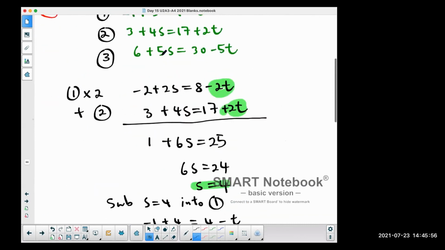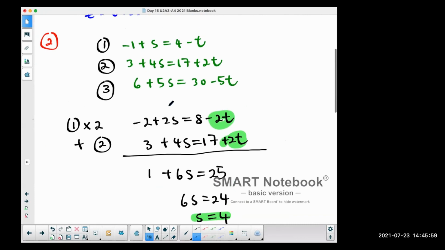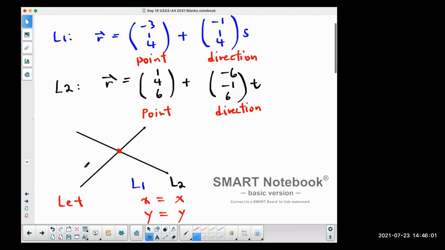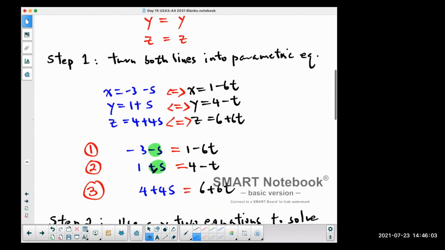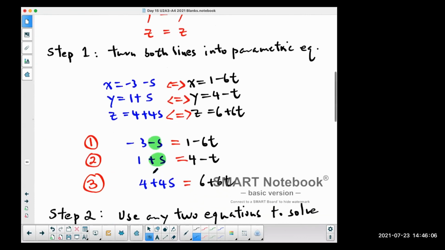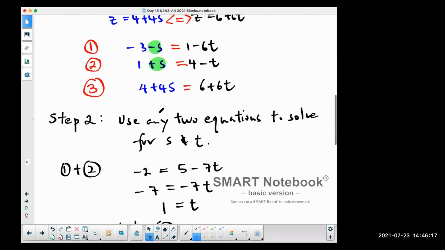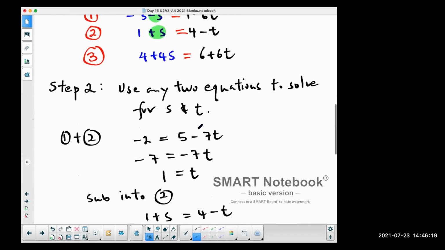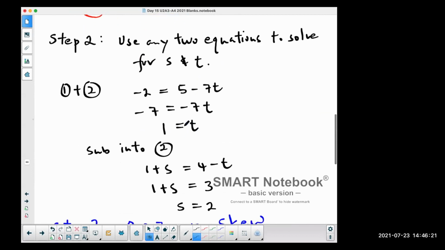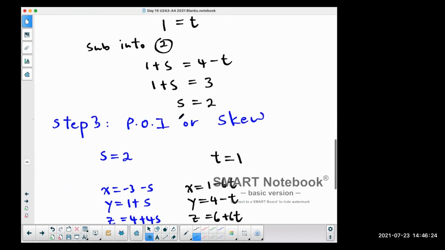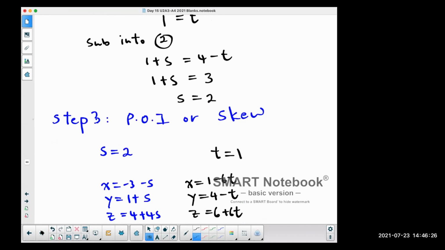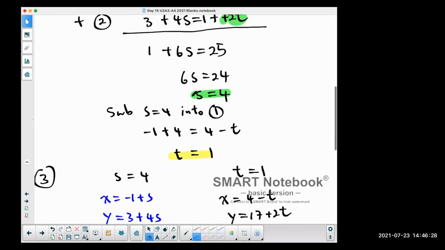Then we pick any two of the equations and do elimination or substitution. Personally, I like elimination, but if you are used to substitution, you can always rearrange the equation to S equals something and then sub into the next equation. That's grade 10 material. Sub or eliminate, and you'll be able to solve for one variable and then the second variable. So here we solve for the values of S and T.